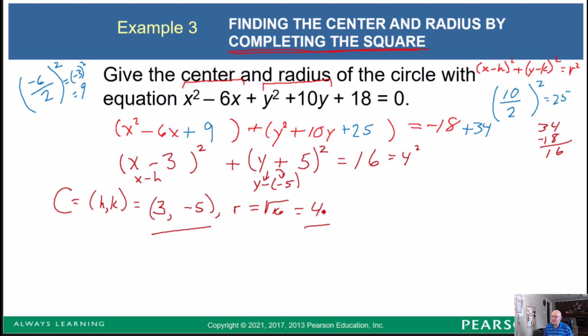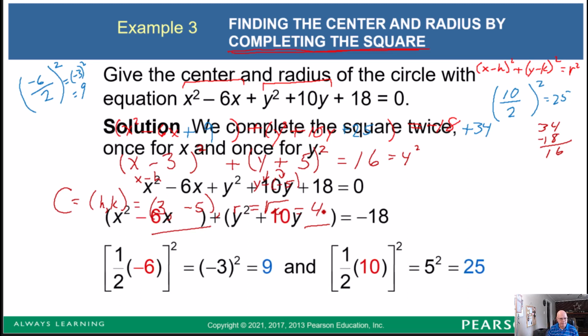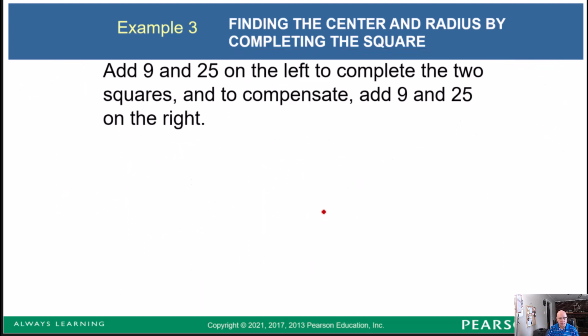That's finding the center and radius by completing the square. Get plenty of practice on this. You're going to have to do this 5, 10 times until you get it down. You've got all the pieces, you just have to put them together to complete the square. Okay.